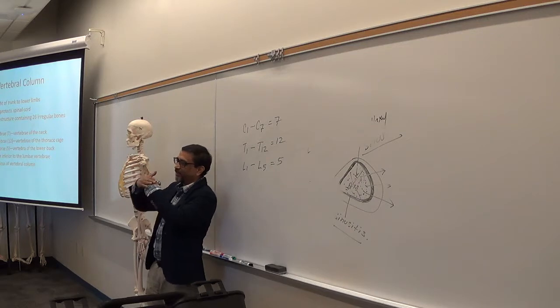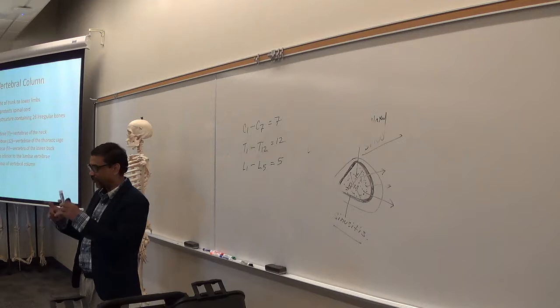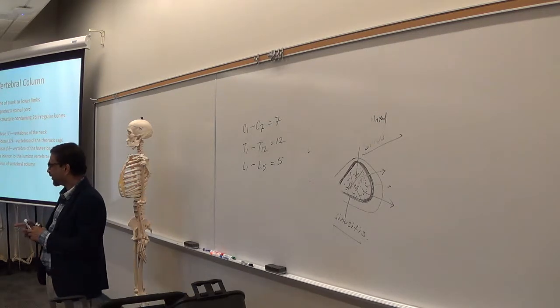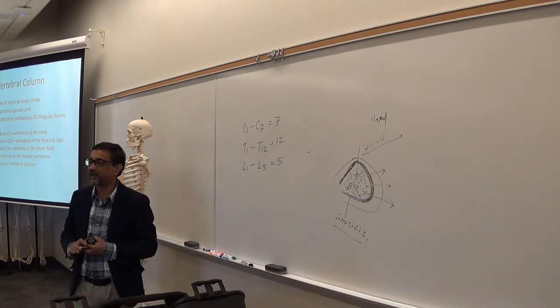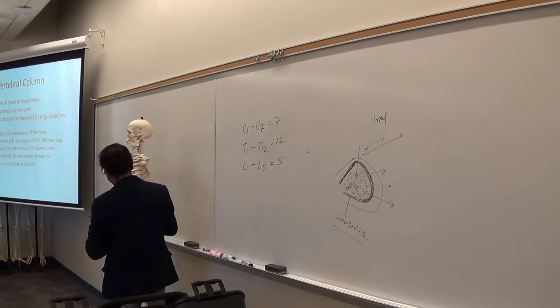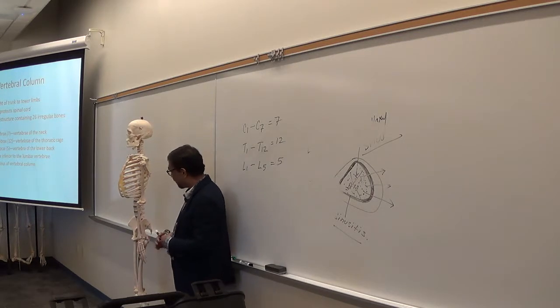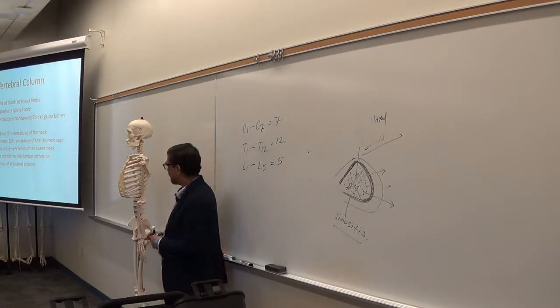Then they fuse together to form one large piece of bone that is called sacrum. In a very early stage, they are not attached, but later they get fused together to form one large triangular bone, the sacrum.